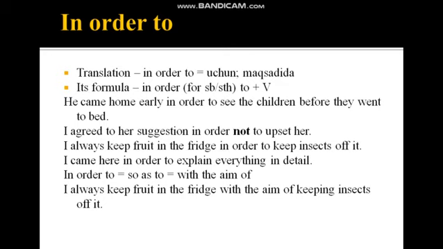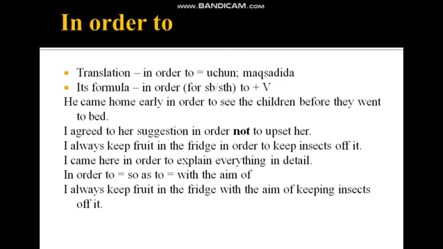I like the first one, so as to, and I also advise you guys to use that one quite often. If you use both of them, like in order to and so as to, after that you can use with the aim of. Anyway, just make a sentence with the aim of, because that sounds a little bit seldom.